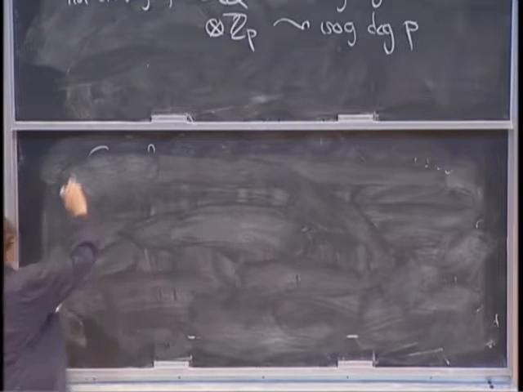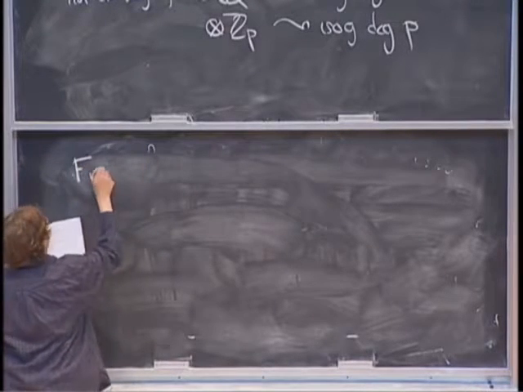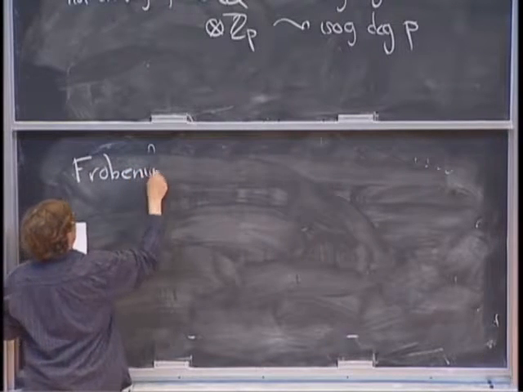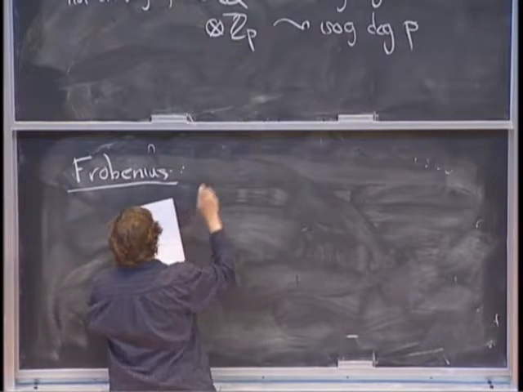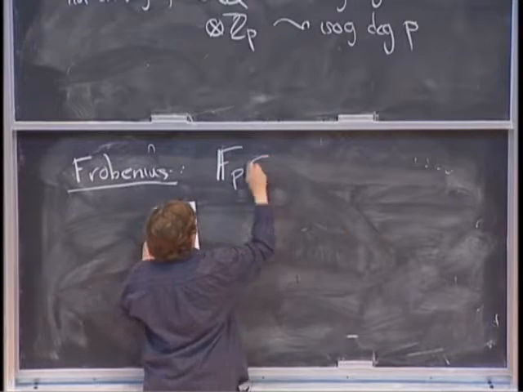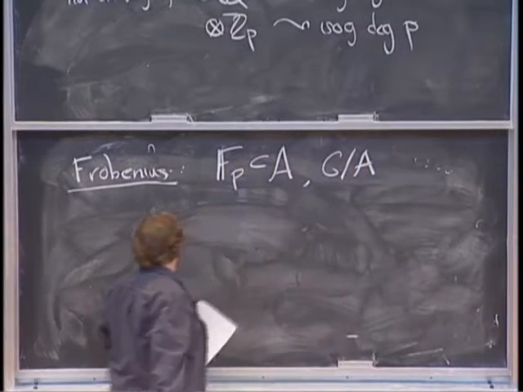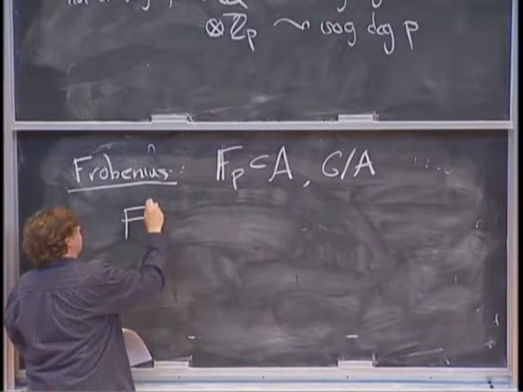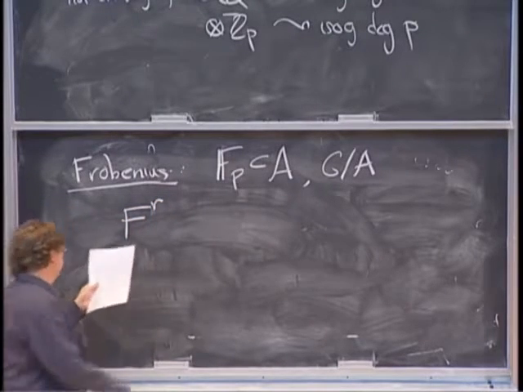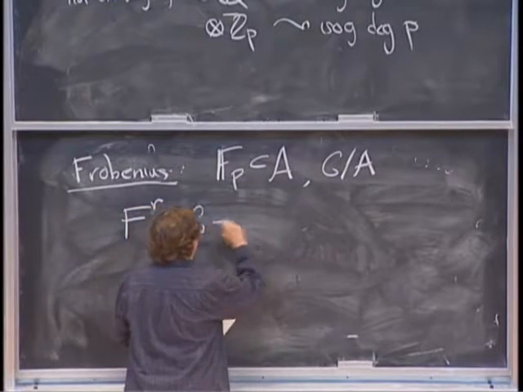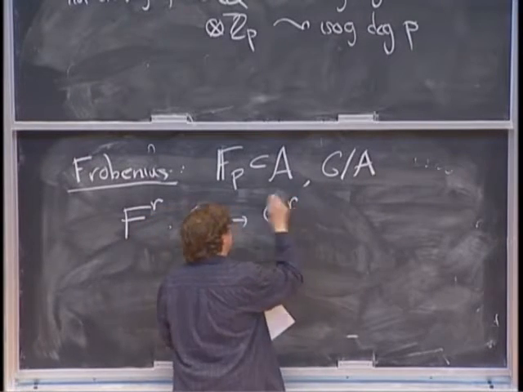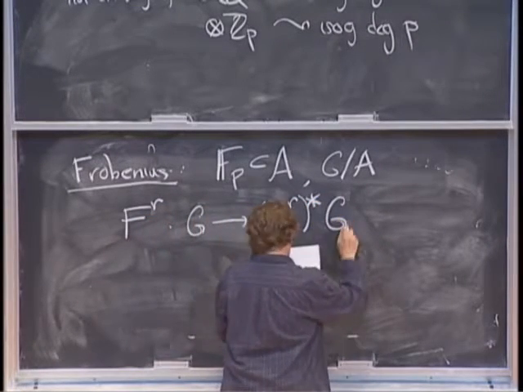Here's an example I'll need to talk about. This is the Frobenius isogeny. So if I have a ring of characteristic p, and my formal group lives over it, there's always a Frobenius isogeny of p to the r-th power. So I'll call it F^r. It goes from G to a base change of G along phi^r.